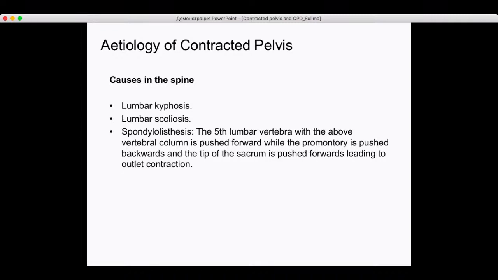Spondylolisthesis, what is this? The fifth lumbar vertebra with the above vertebral column is pushed forward while the promontory is pushed backward and the tip of the sacrum is pushed forward, leading to outlet contractions.